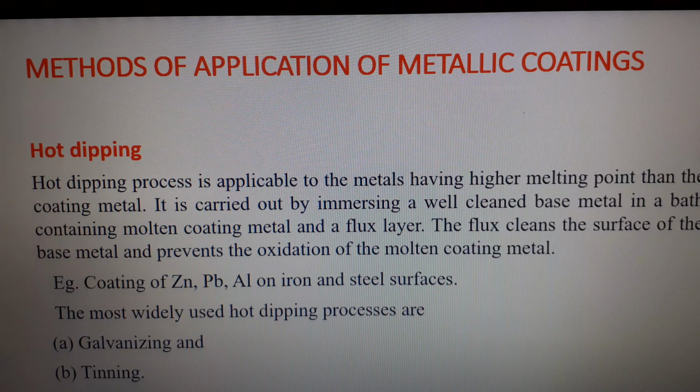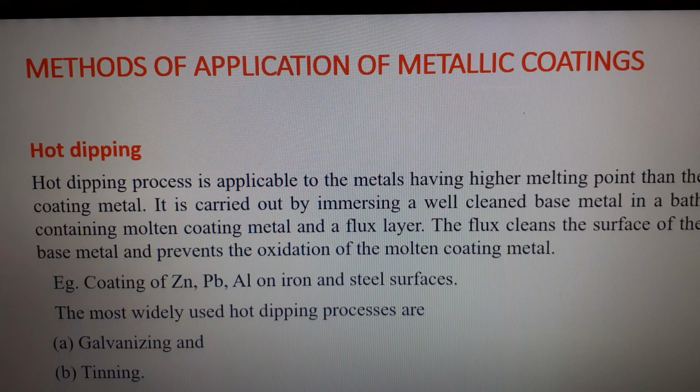Now, the electrode potential of the coating metal in anodic coating is lower than the base metal, whereas in cathodic coating, the electrode potential of the coating metal is higher than the base metal. For example, anodic coating is zinc on iron and cathodic coating is tin over iron, which are also known as galvanizing and tinning.